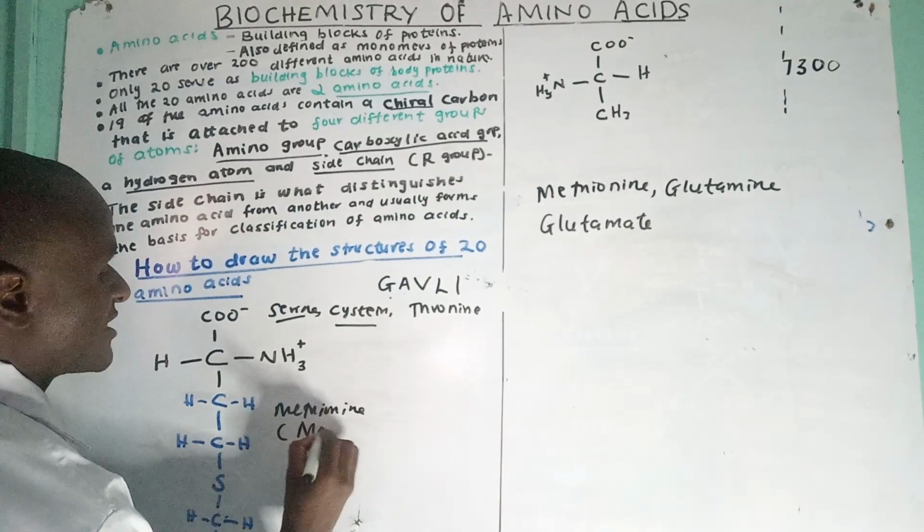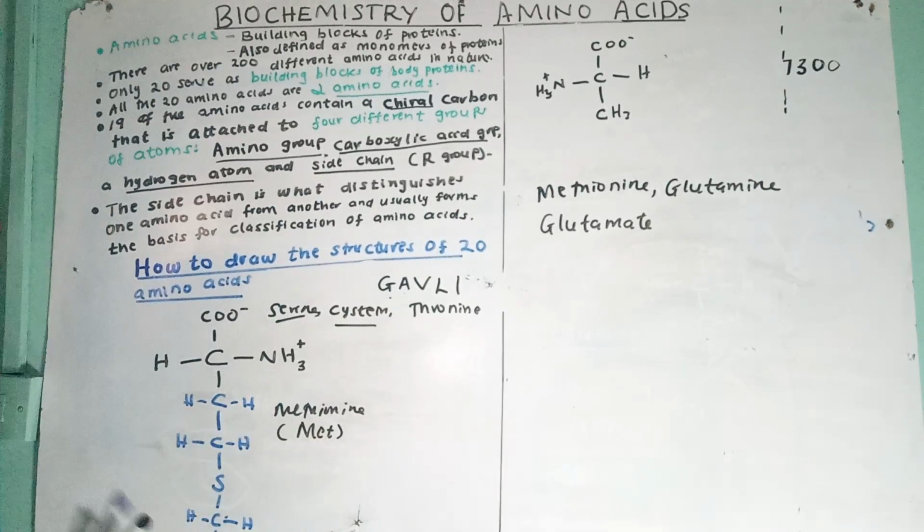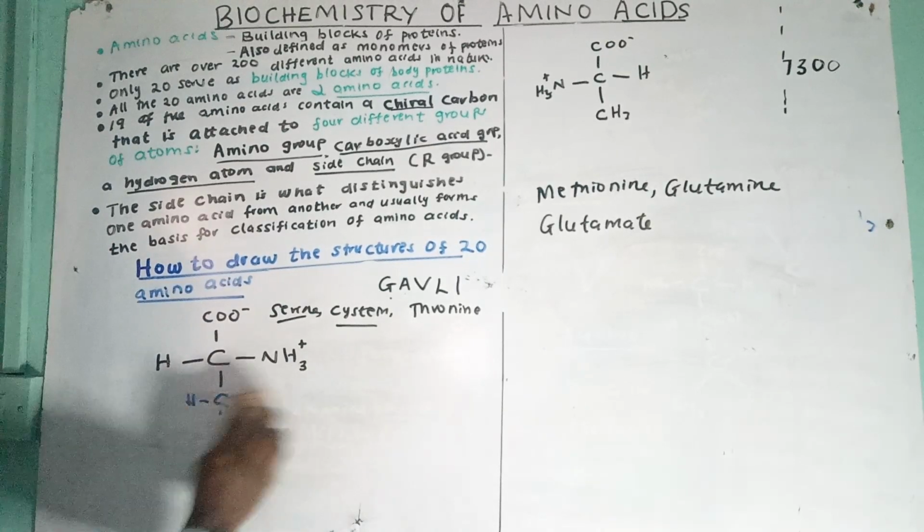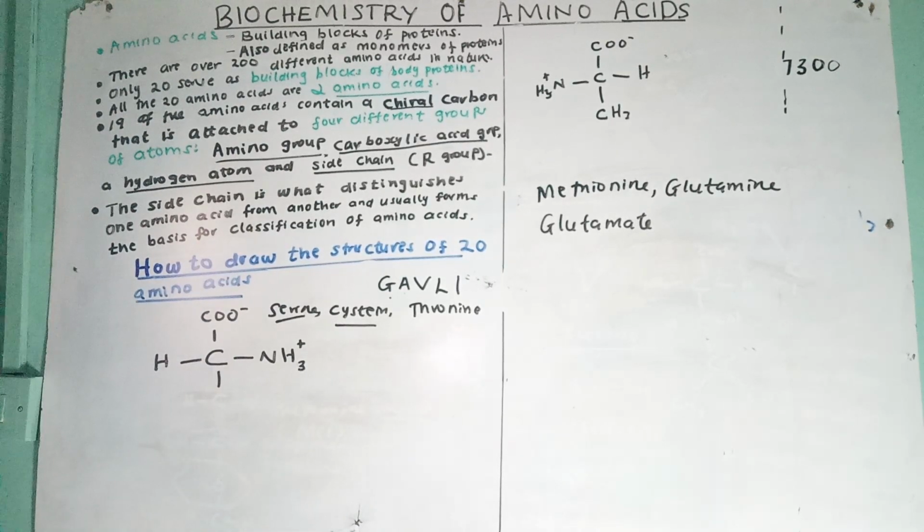Denoted as Met. We draw the next amino acid. That is glutamate.